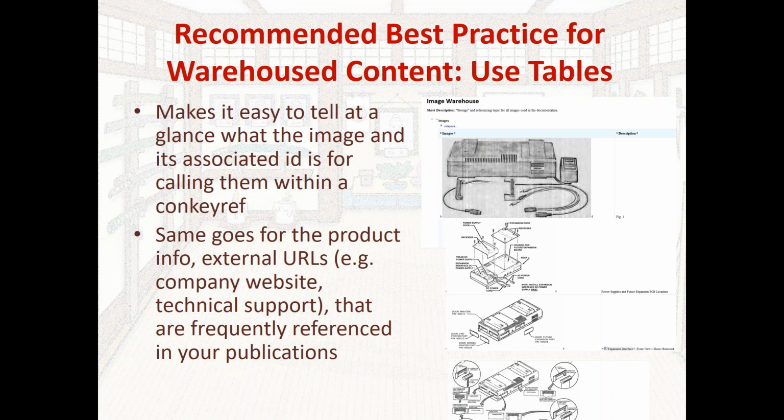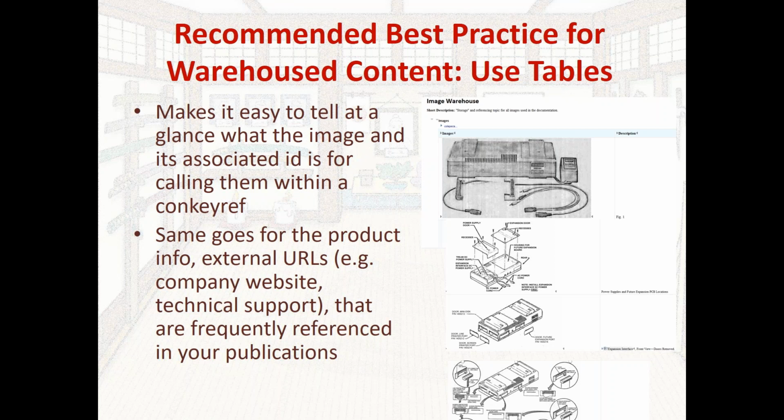If there are other common elements or things that you need to reference, typically within your documentation, the recommended best practice is to have a warehousing topic that is keyed for those things, and to have one for each, so you don't throw all of your images plus your external URLs plus your product info and company name into one topic. You have them as separate warehouse DITA files, which you can then easily swap in and out as needed between your publications.